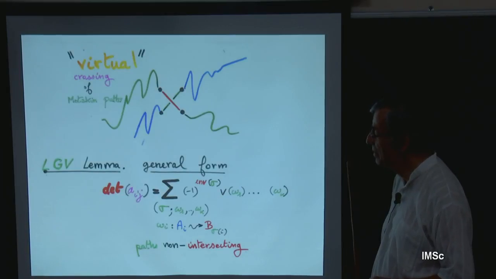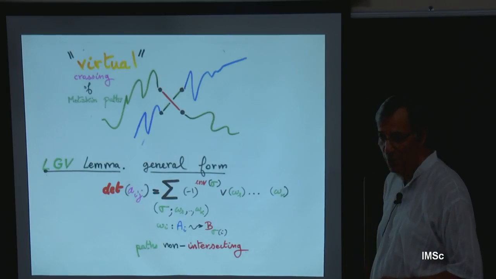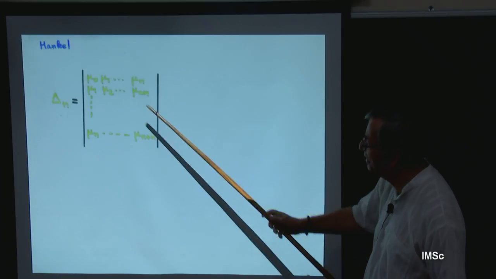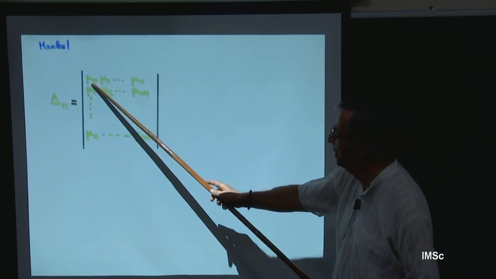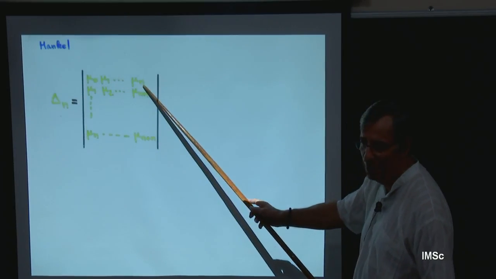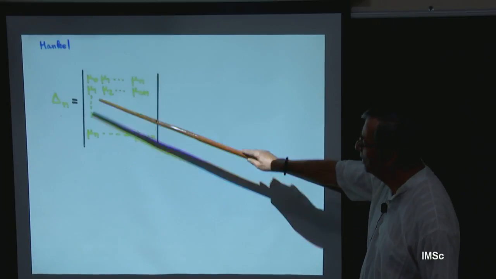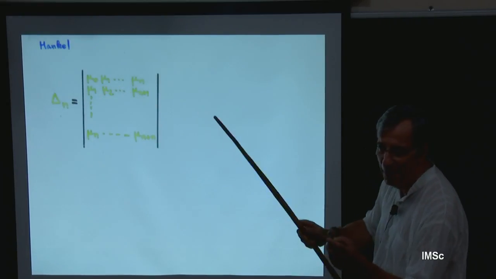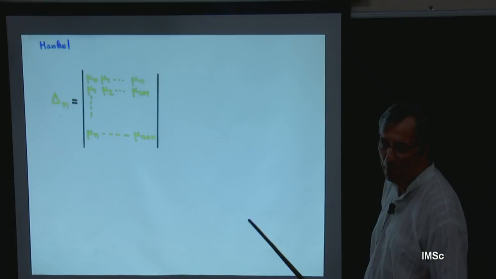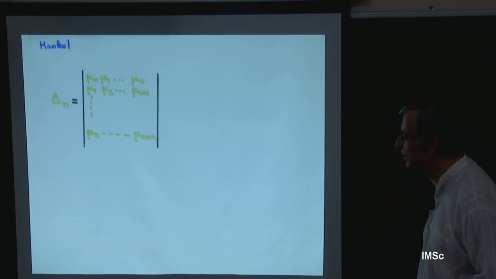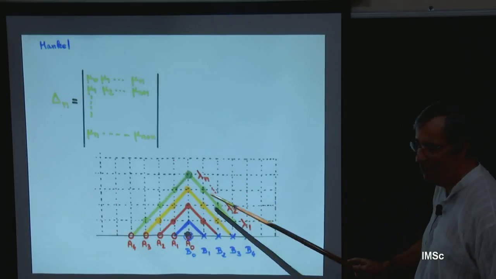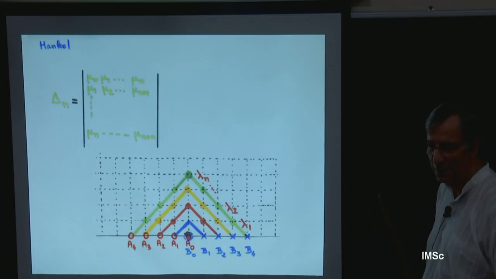But if you take the following Hankel determinant, delta n, equal to the determinant of completely packed mu 0, mu 1, mu 2, up to mu n, you take the first n columns and the first n rows. The minor is a principal minor. All the columns are consecutive, all the rows are consecutive. I claim that this determinant is interpreted in terms of Motzkin paths.